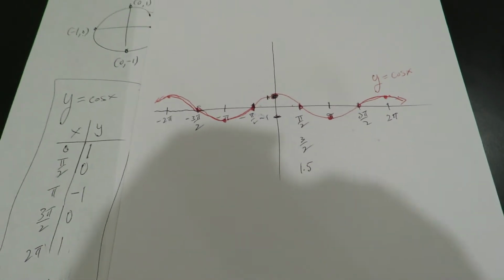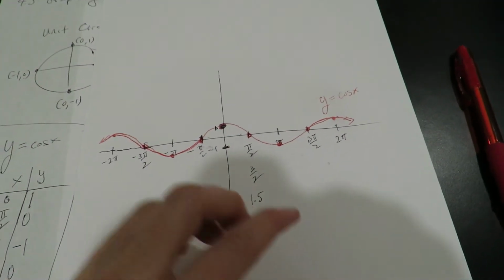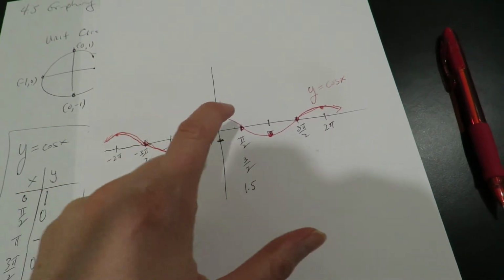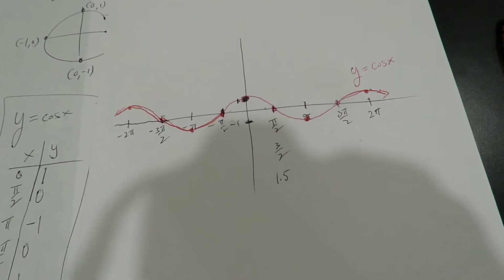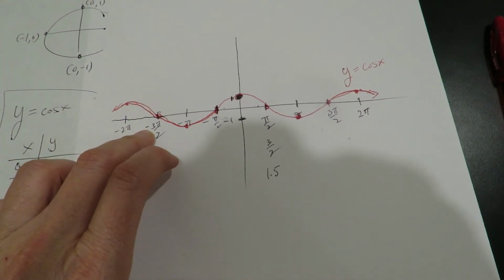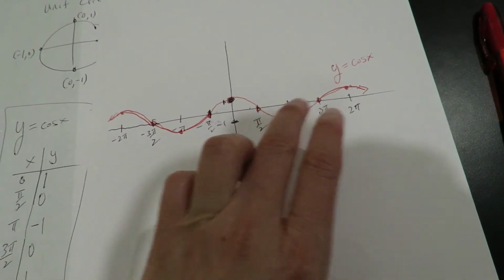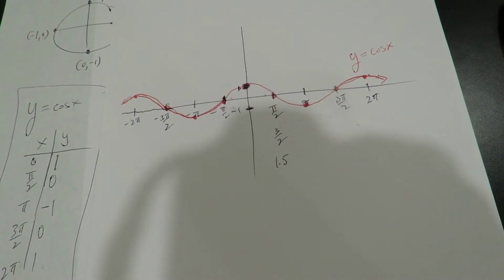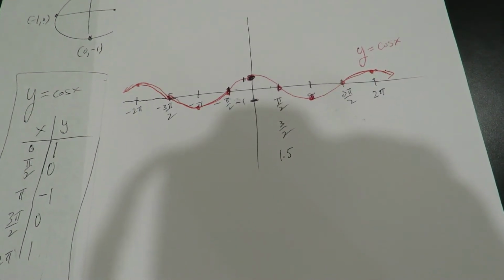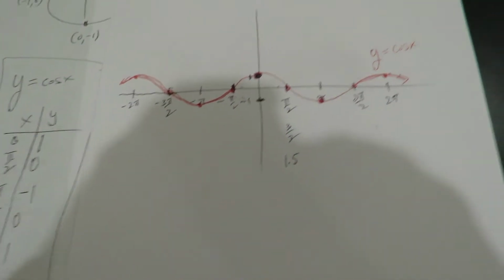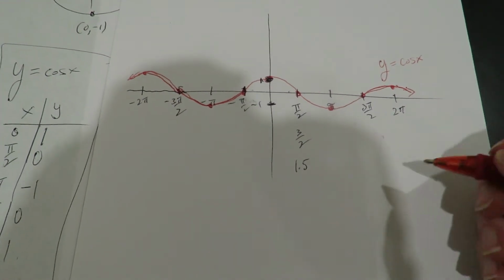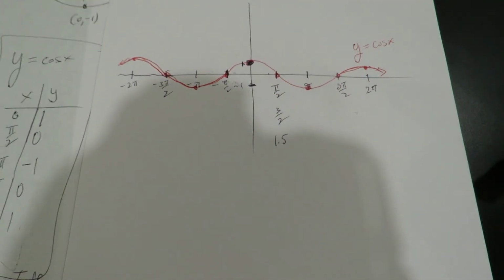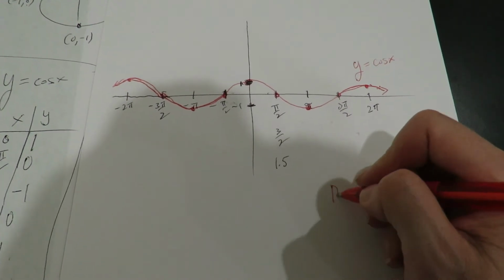So this is the standard graph. It has a y-intercept at 1, and all the x-intercepts fall at the fractional pi's. The domain is all real numbers, and the range goes from -1 to 1. Just to make some observations, and when you do the sine function, you want to make the same observations.